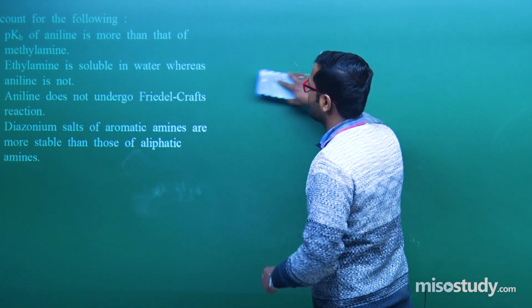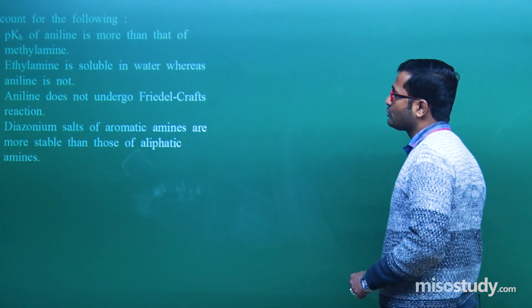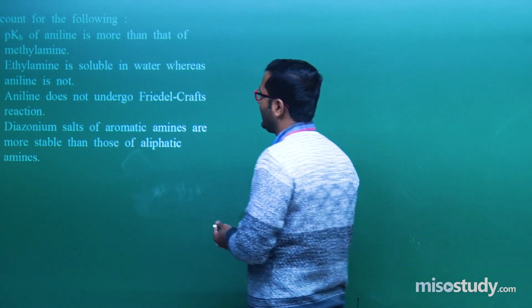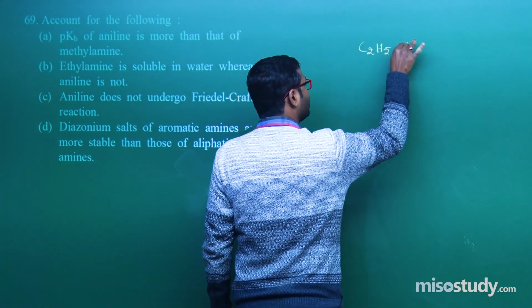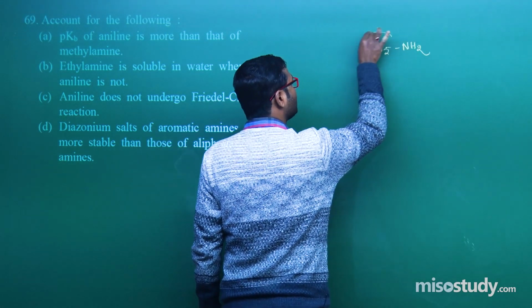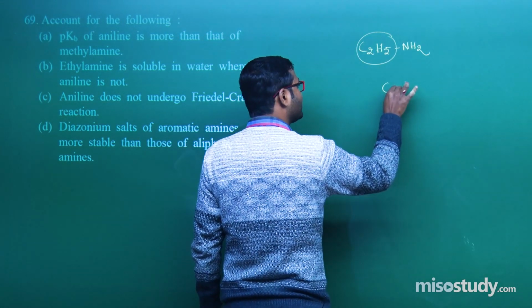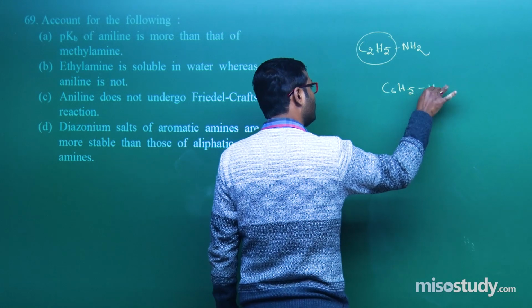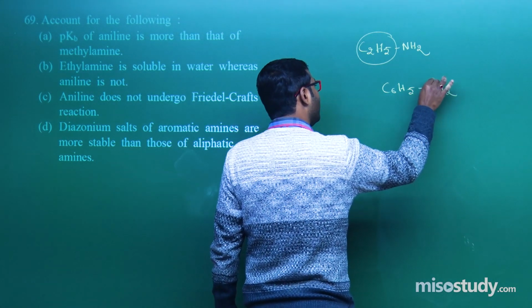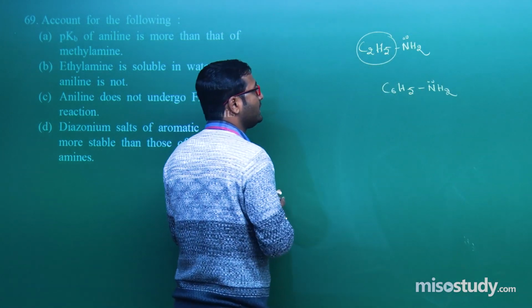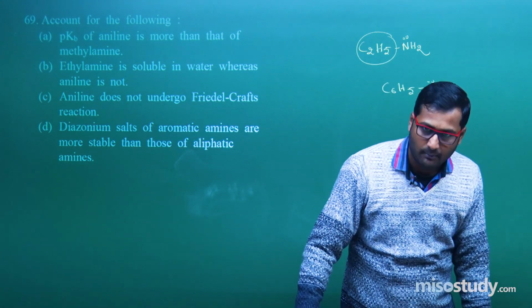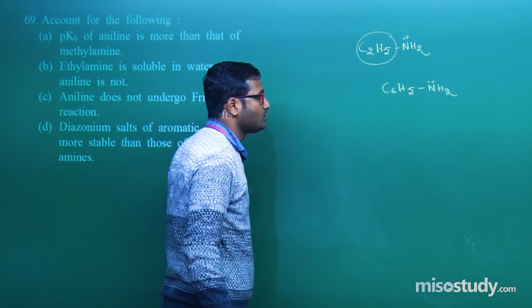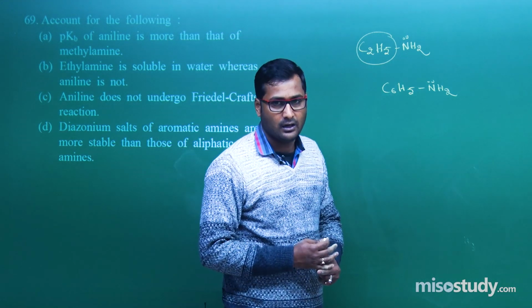Clear? Now the next question is, ethylamine is more soluble in water, whereas aniline is not. Ethylamine is a less bulky group than C6H5NH2. Due to this reason, it will have a strong tendency to form hydrogen bonds easily with water, but aniline will have less tendency to form hydrogen bonds with water.